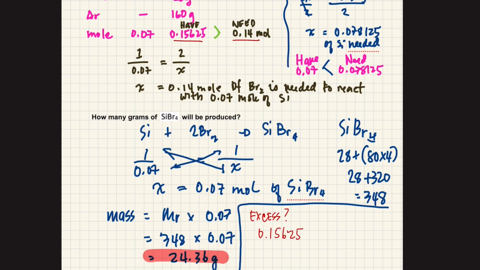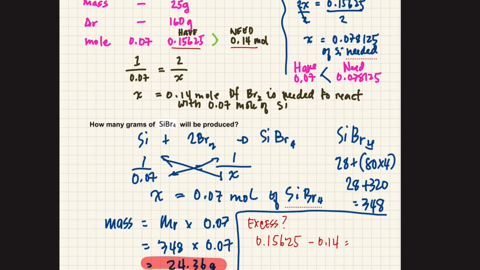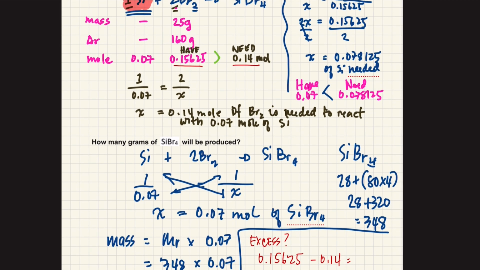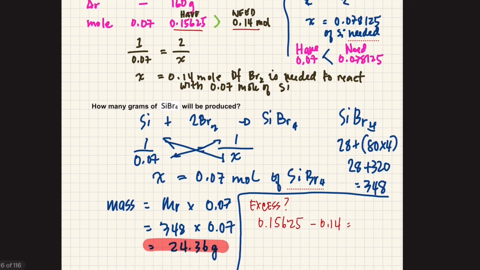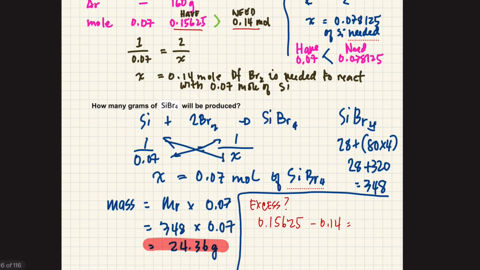But we only needed 0.14 mole to react. So minus 0.14 gives us, let me just use my handy dandy calculator to be sure, 0.15625 minus 0.14 gives us an excess of 0.01625 mole. So this is the excess.